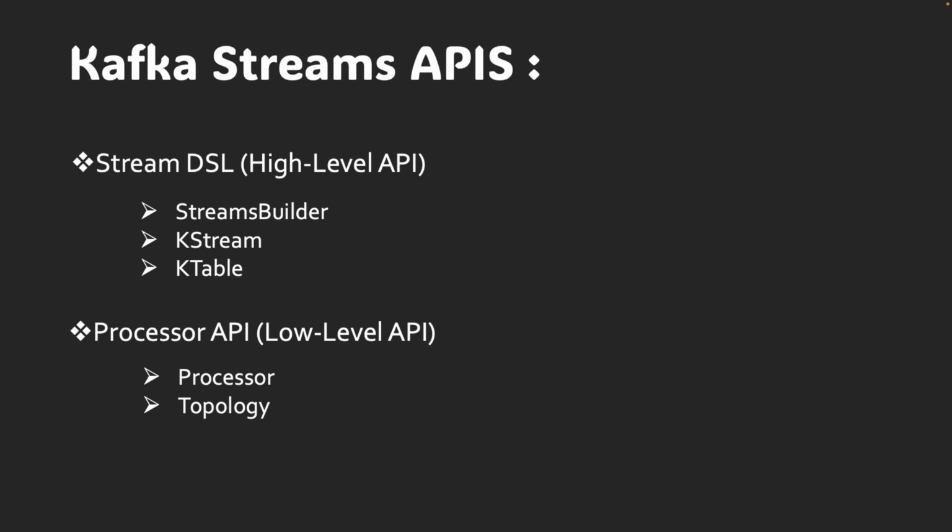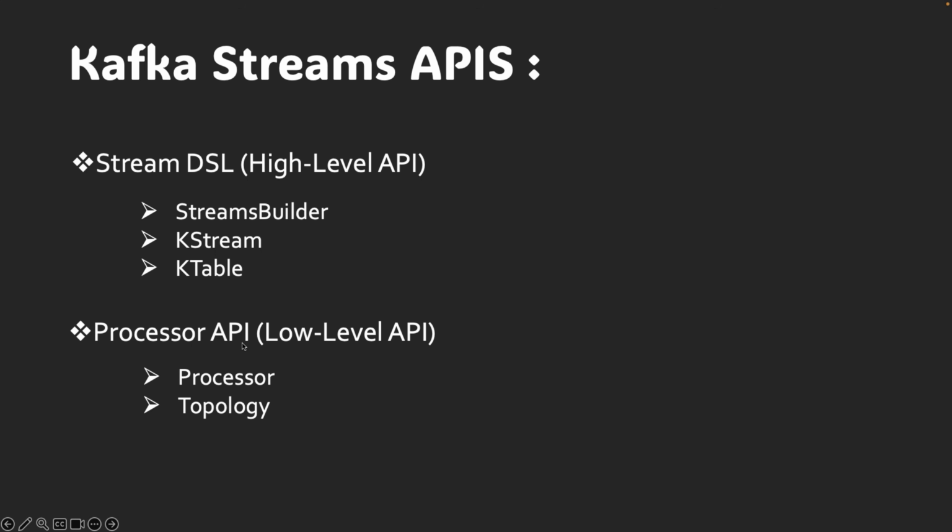You define what to do and Kafka Streams handles the how. And you need to mostly play with StreamsBuilder, KStream, KTable. Again, you don't need to worry about these terms. We'll understand everything in detail in my upcoming videos.